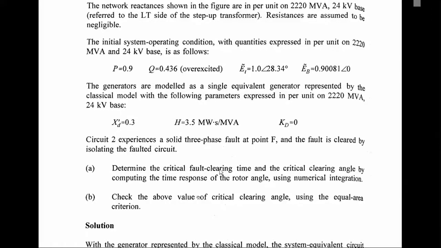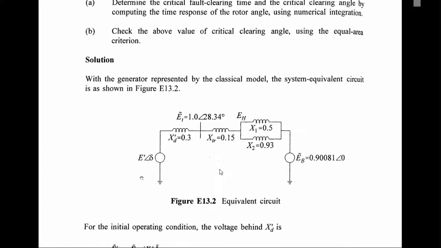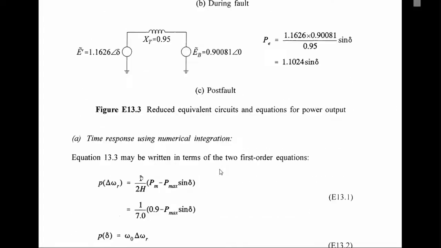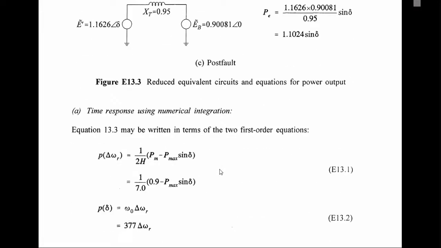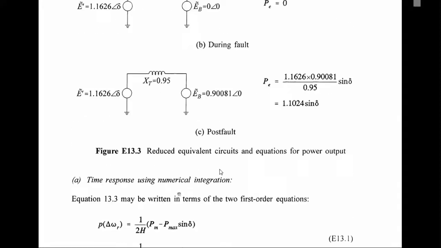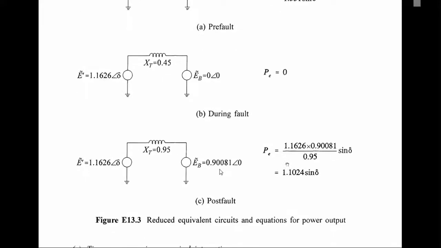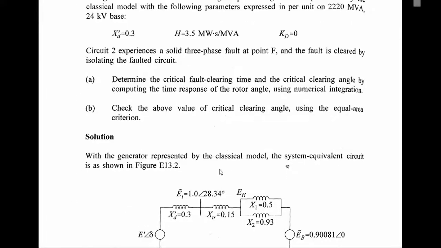You also have omega naught, which is 377 rad. When you take this swing equation, the constant 2H goes to the right hand side, and it becomes omega naught by 2H. If you write it out, you will understand.